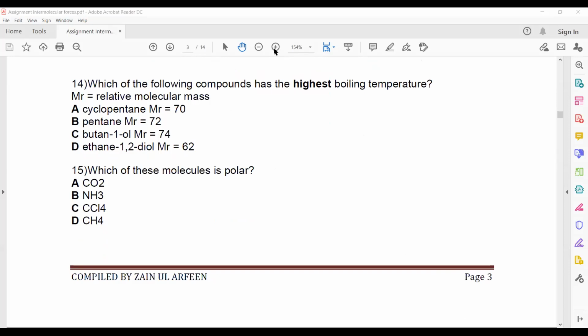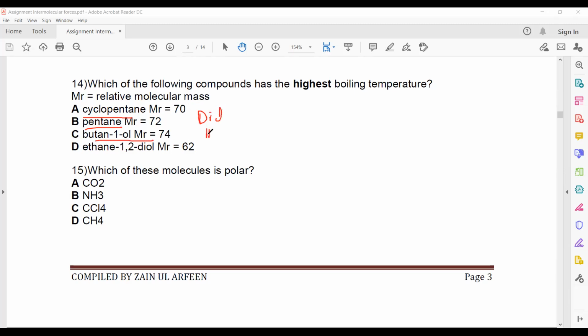So basically, you don't have to bother about the molecular mass. You have to check the type of intermolecular force. First thing, cyclopentane and pentane, they have dipole induced dipole forces.